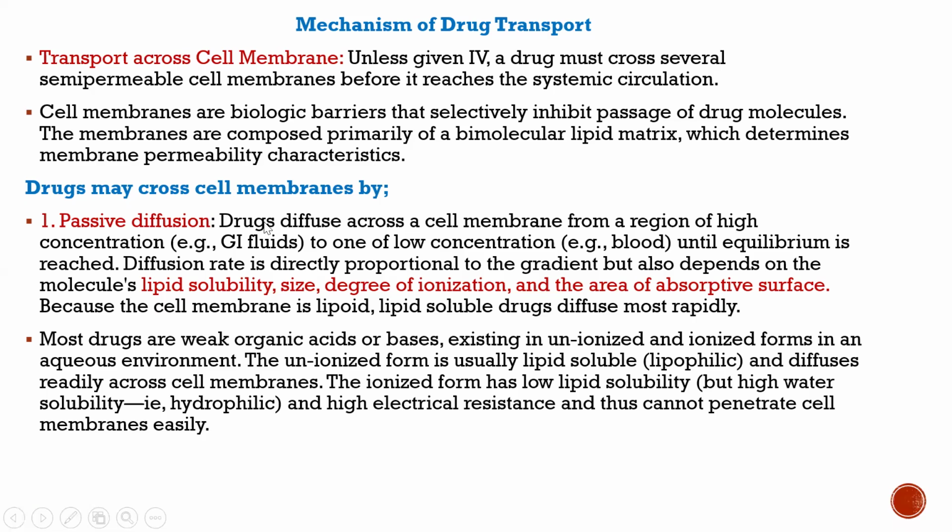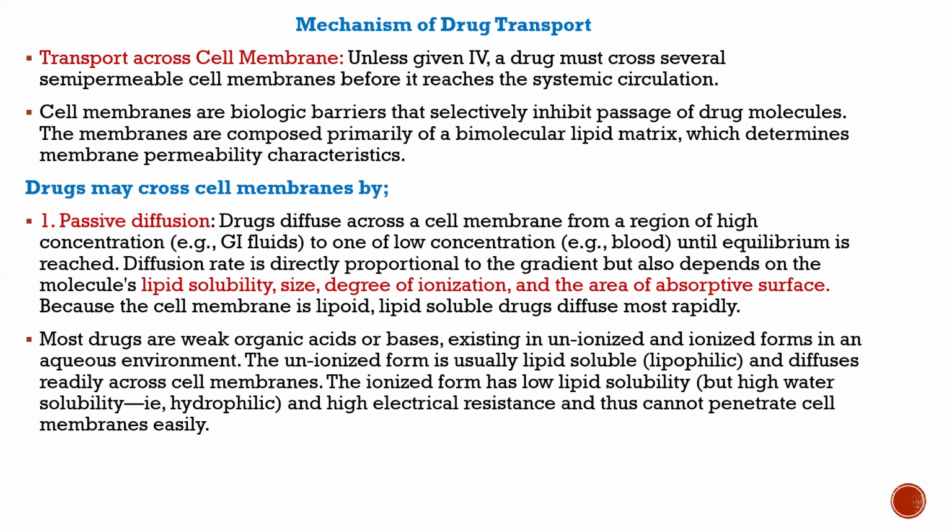The drug will diffuse across a membrane from a region of high concentration to a region of lower concentration. So what this is talking about is the basic definition of diffusion, movement of a molecule from a region of higher concentration to a region of lower concentration. So what this means is that when a drug is administered into the body, let's say a drug that you just swallow.